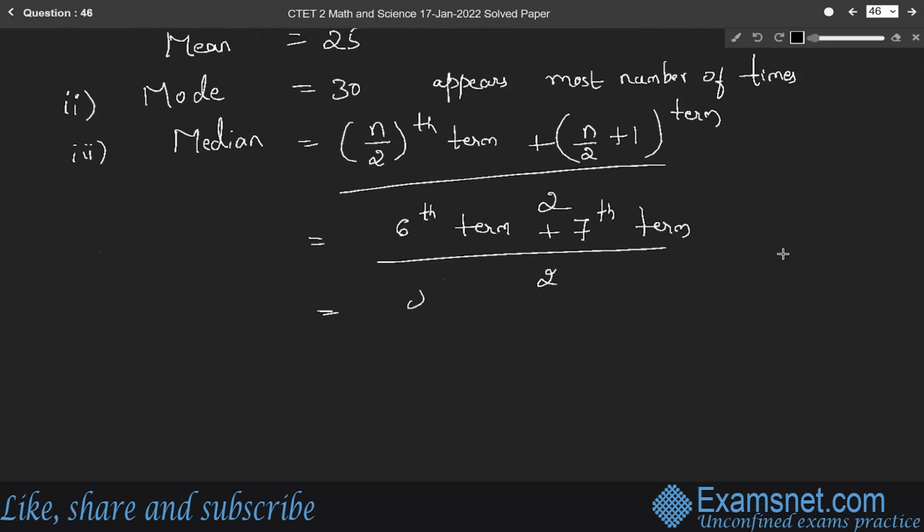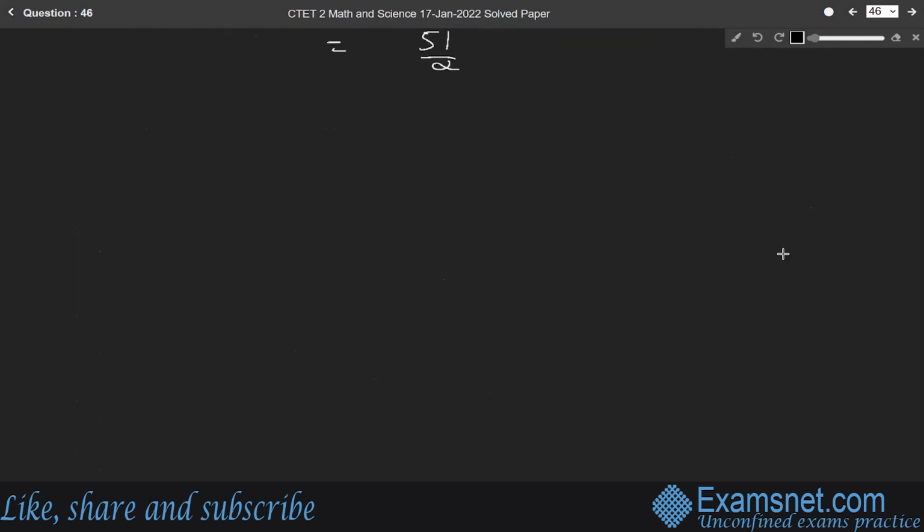28 by 2. 23 plus 28 by 2, which is equal to 51 by 2, which is median equal to 25.5.